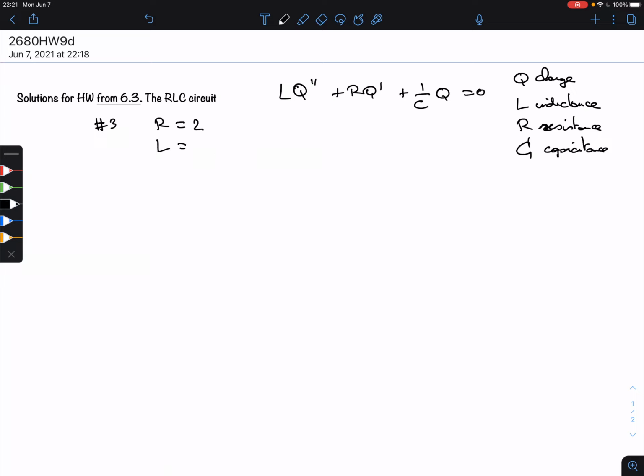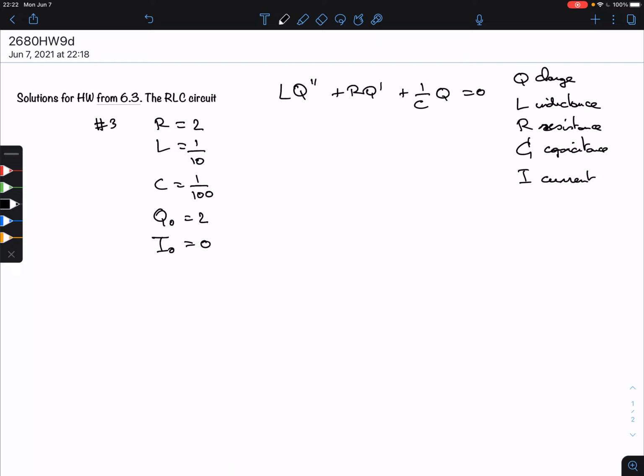Number 3, it is 1/10, and C is 100. Okay, and then they say Q0 is 2 coulomb and I0 is 0 ampere. So remember, I is the current.